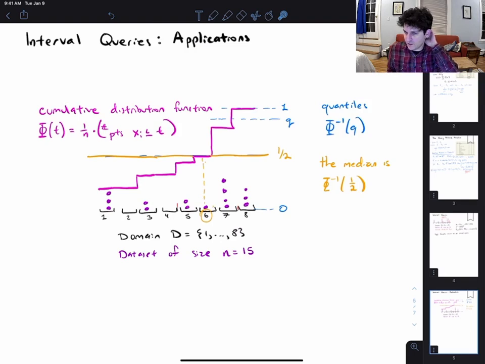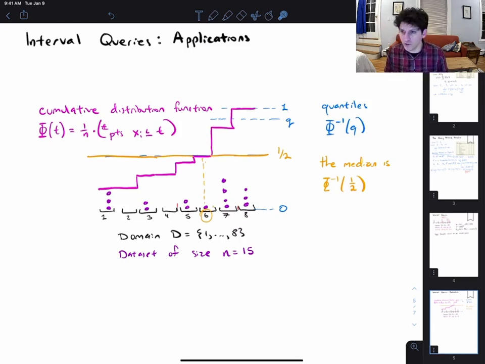And 6 is a reasonable choice of the median in the sense that there are 8 points that are at most 6 and 7 points that are greater than 6. Again, because things are not continuous, how you break ties is important, but 6 is the median of this data set. Okay, so if I have the answers to interval queries, I can get nice summaries of the data, like the cumulative distribution function, the median, the 75th percentile, and so on.